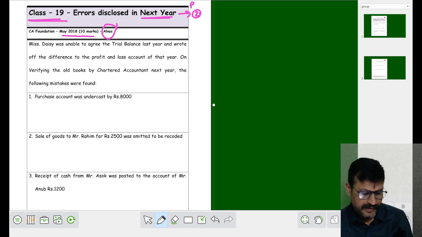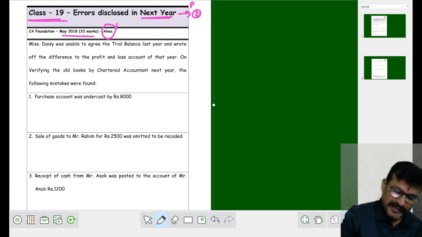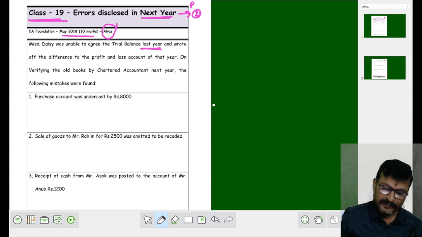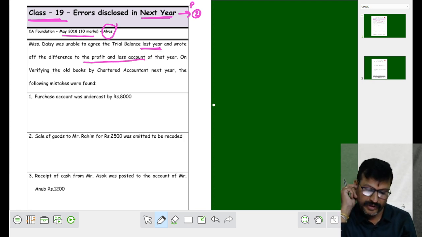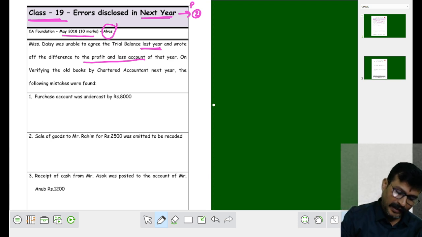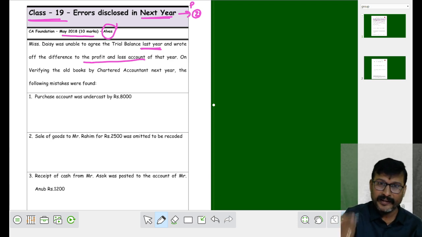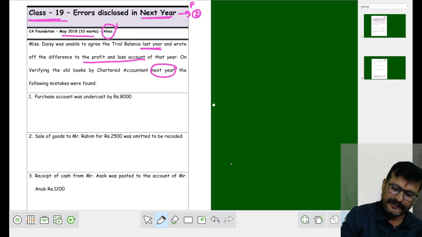Now my dear students, Miss Disney was unable to agree the trial balance in the last year and wrote off the difference to the profit and loss adjustment account of that year. On verifying the books, the chartered accountants found errors in the next year.